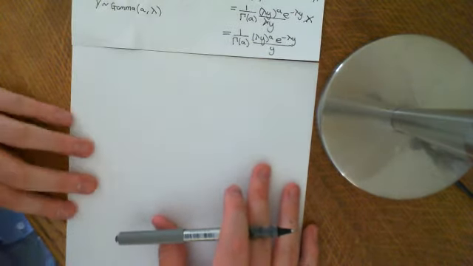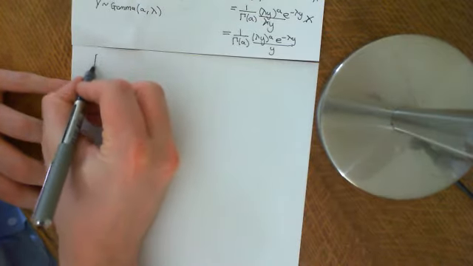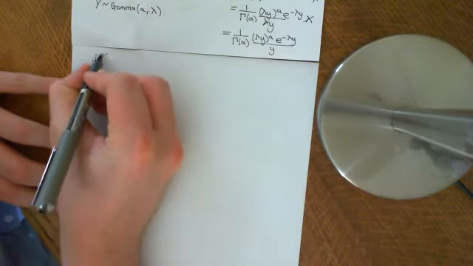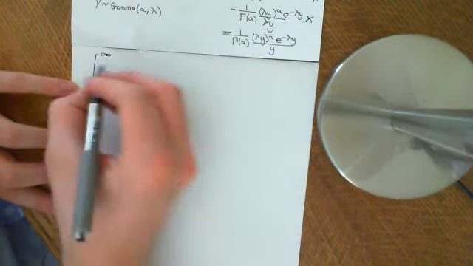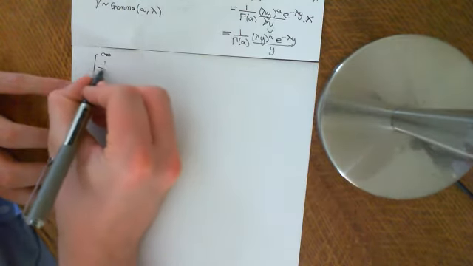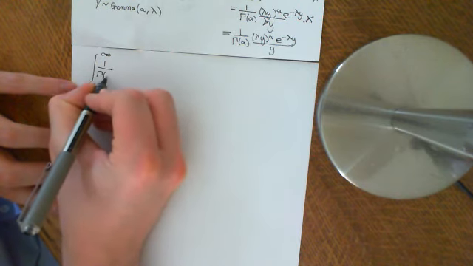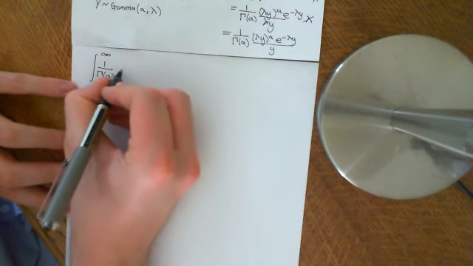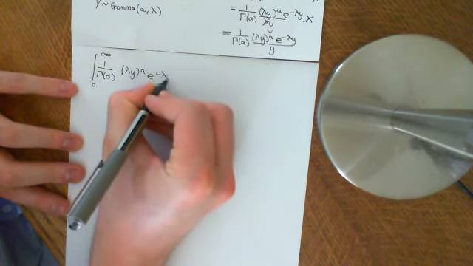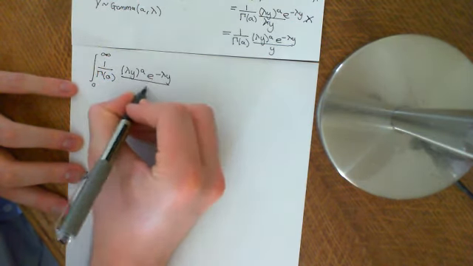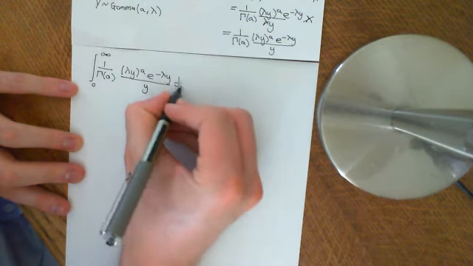So let's try and integrate this PDF between 0 and infinity, because of course this PDF is only on the positive real numbers, it's 0 everywhere else. So this is the integral from 0 to infinity of 1 over gamma of a, lambda y to the power of a, e to the negative lambda y, divided by y, dy.